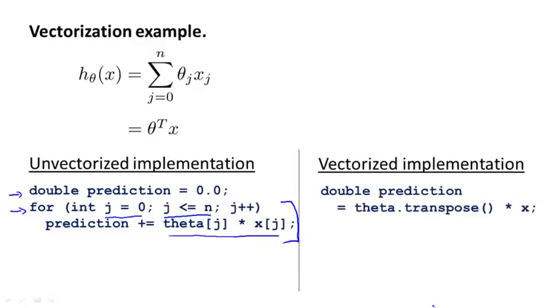Depending on the details of your numerical linear algebra library, you might have a C++ object, which is vector theta, and a C++ object, which is vector x, and you just take theta transpose times x, where this times becomes a C++ overloaded operator, so that you can just multiply these two vectors in C++. Depending on the details of your library, you might end up using a slightly different syntax, but by relying on the library to do this inner product, you can get a much simpler piece of code and a much more efficient one.